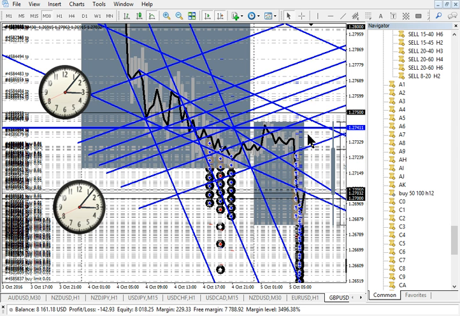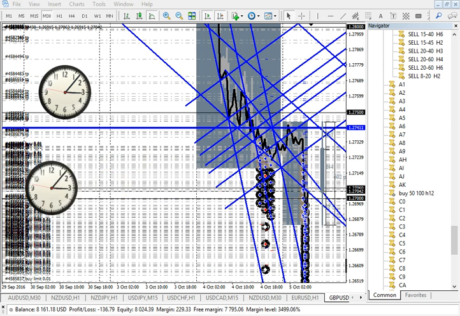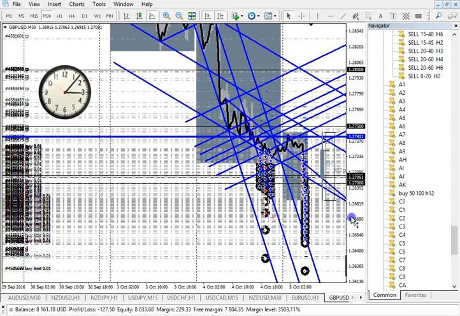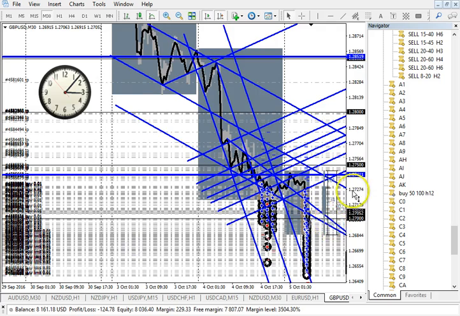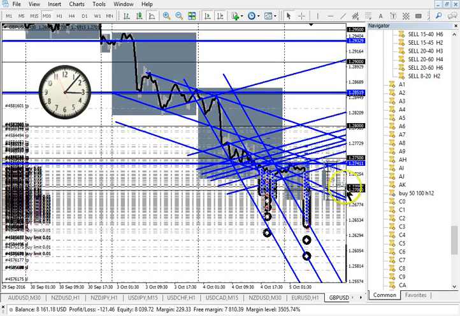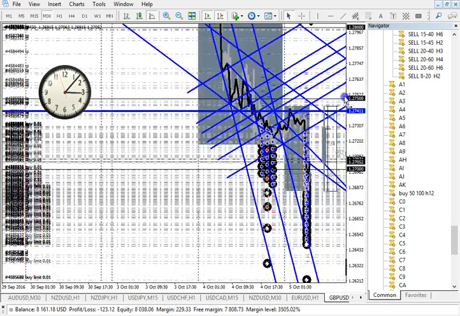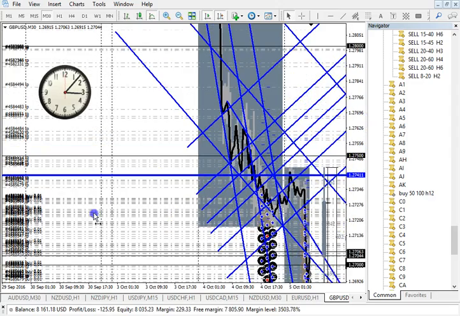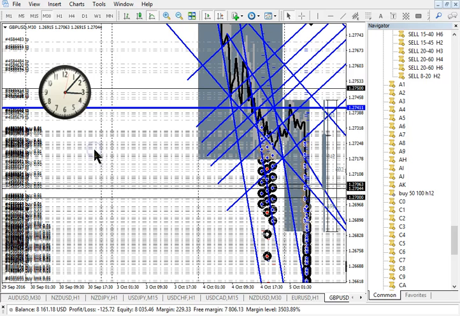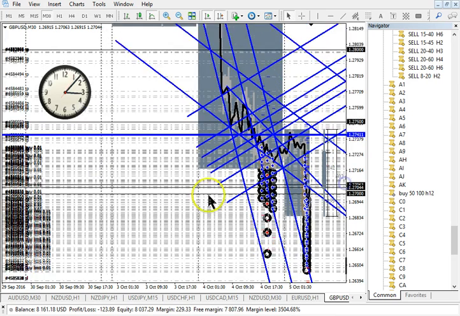And this is all the stuff I drew from yesterday. So here's the big cage I drew down here, but it's really about new lows. So I'm buying the new lows. And look how it went up against my resistance line. So I don't know. I mean, I have no idea. So I'm just going to delete all this garbage.